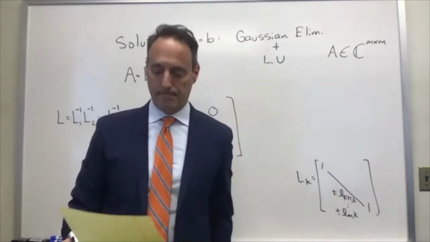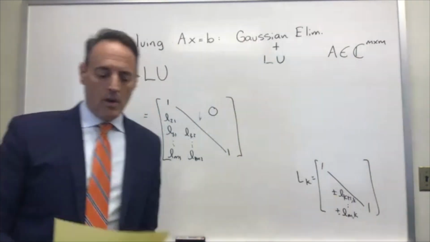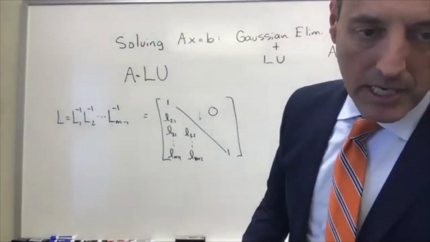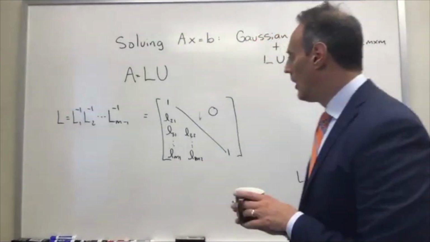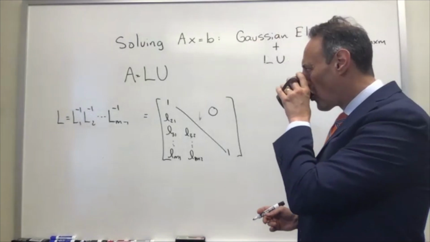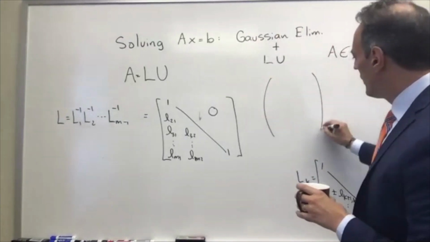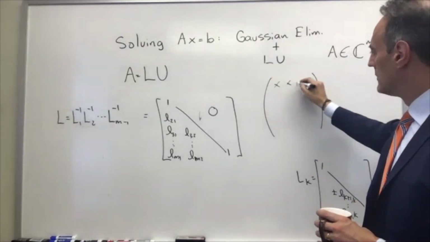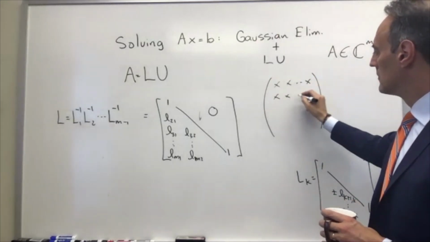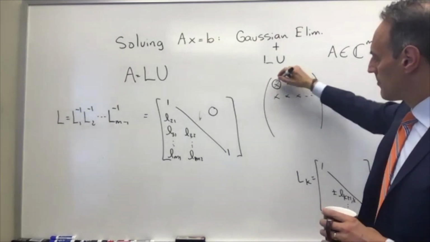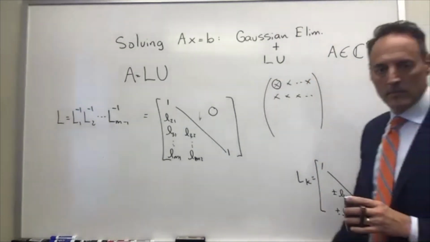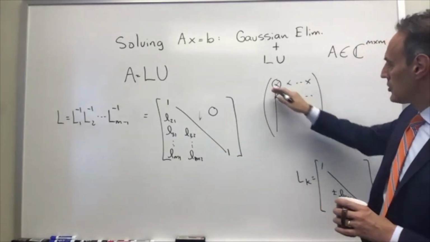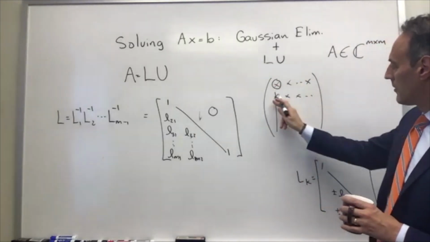A couple of facts. Let's talk about how long it takes to do this. Think about the process of Gaussian elimination. You start off with the main diagonal, and you make everything 0 below it.